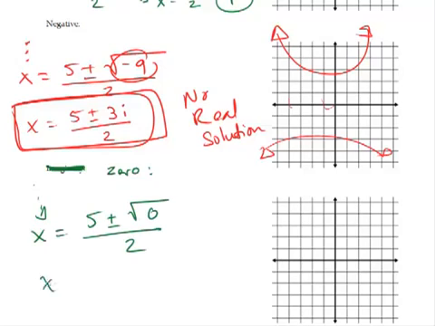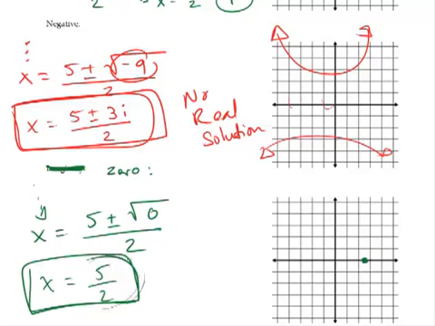And you go, oh, well, x equals then 5 over 2 because there's no square root of 0. And you realize, wait a second, I only have one answer. This is where my parabola is. That happens. If you have a 0, that means you only have this first b value over the 2a.